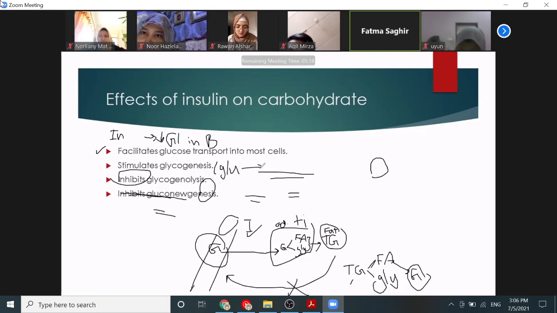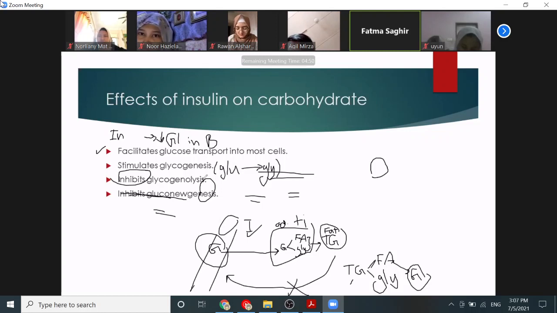By this way also we decrease glucose in the blood. Number 1, taken by the cell, so we decrease glucose in the blood. Number 2, glucose converted into glycogen, meaning we decrease more glucose from the blood.